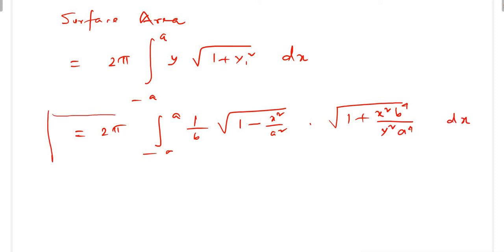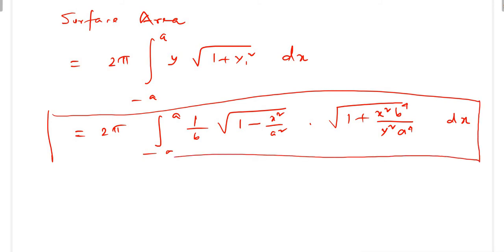It is not very easy to integrate, so this will be the answer. If you are not able to integrate, just leave it up to this step. This type of question is very important for the exam.